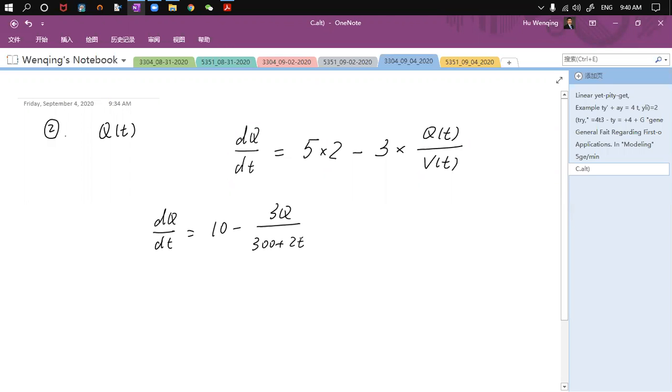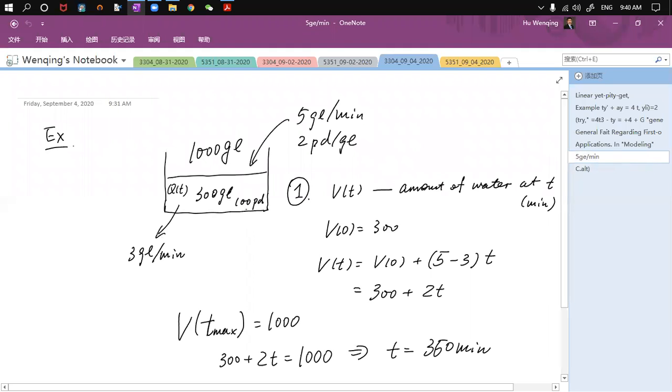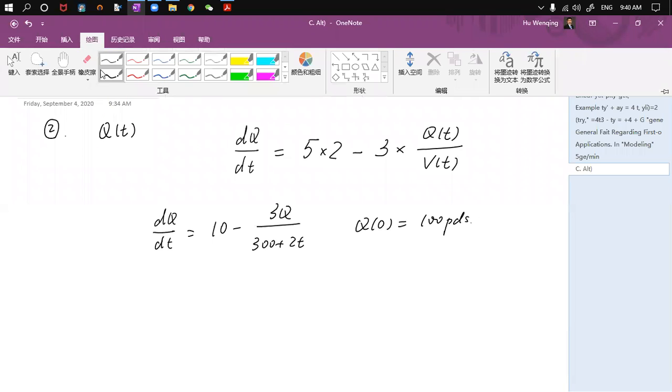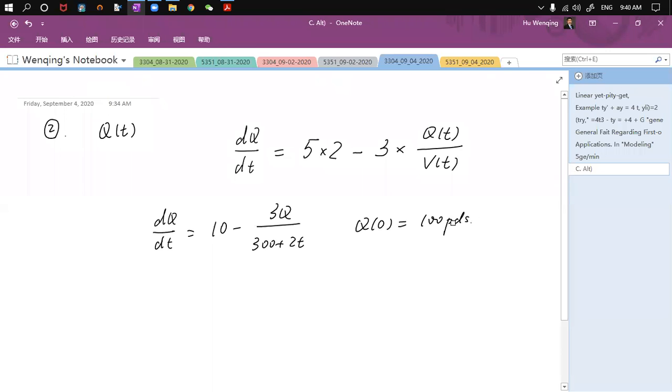That will be your equation, where q(0), the initial amount of salt, is 100 pounds. As long as you have unified units, you don't even need the pounds. It's going to be just 100. So that's going to be your initial value problem.